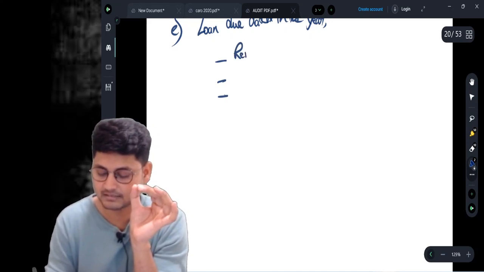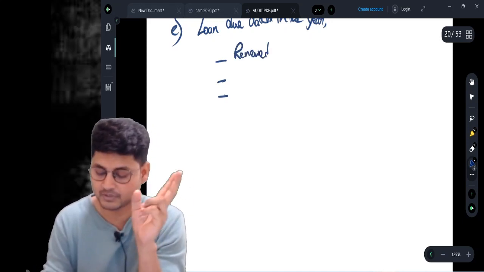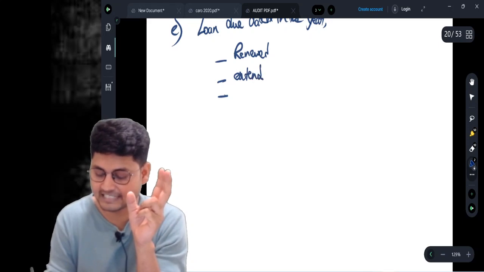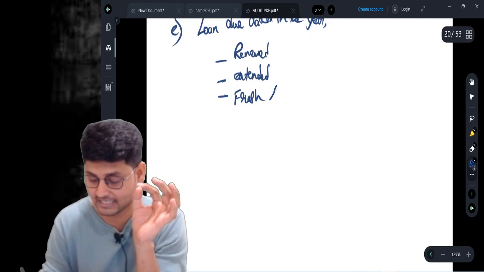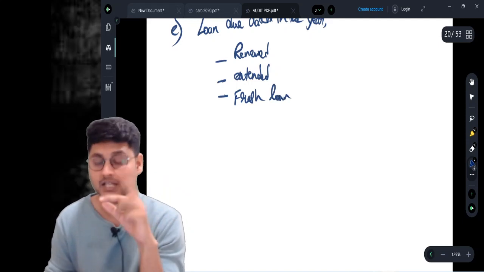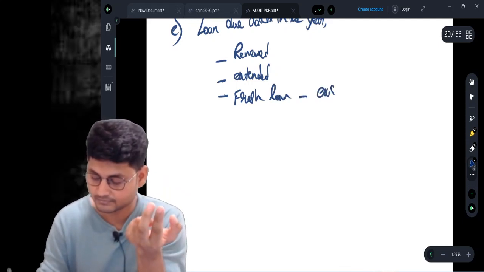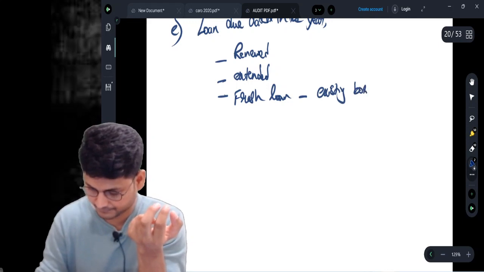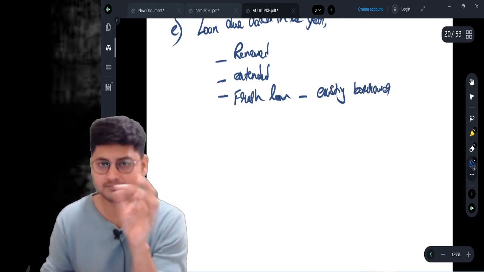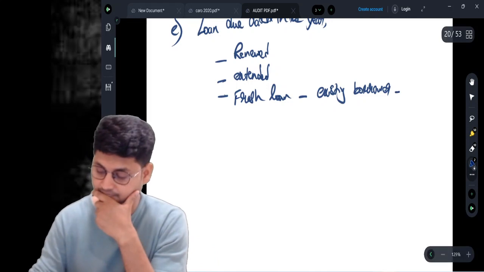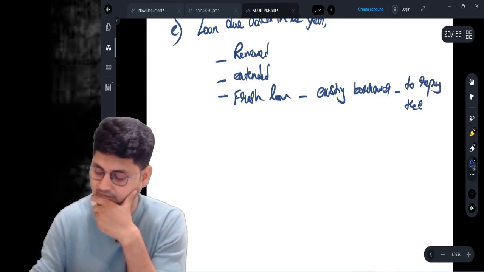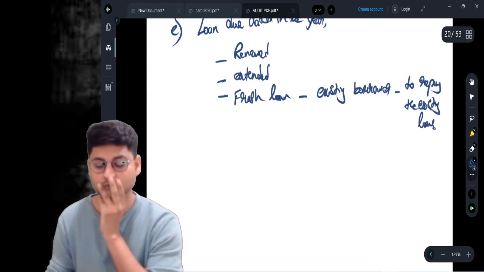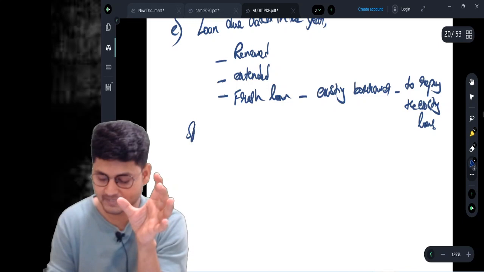Either the loan has been renewed, or it has been extended, or a fresh loan has been given by the company to the existing borrower. Why has this loan been given? To repay the existing loan.